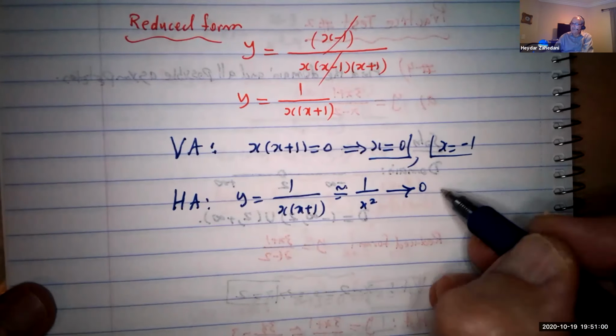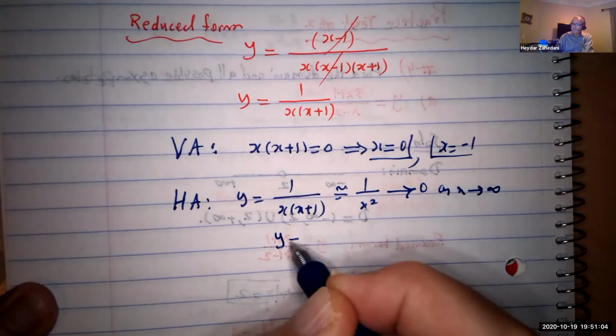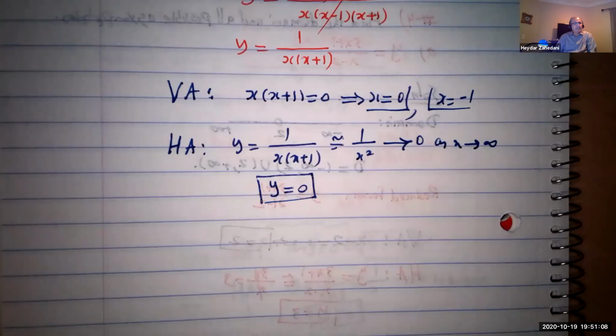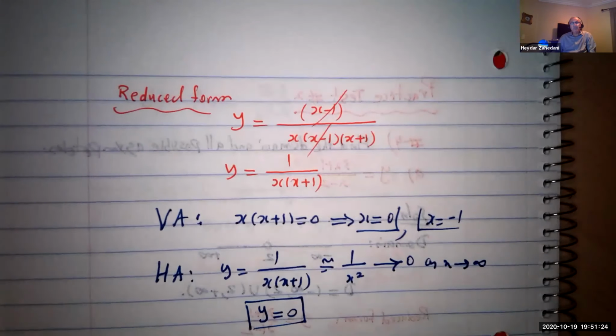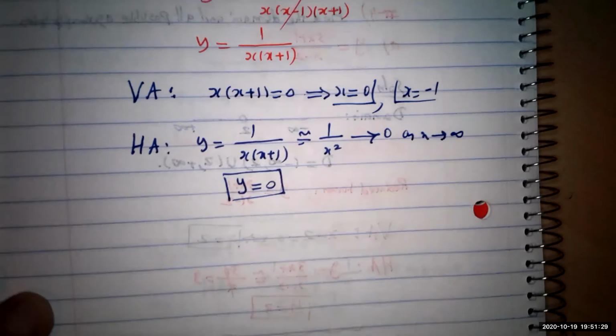You can say 0, we accept that, but if you want to prove it, this is going to be the case. When the degree of the bottom is higher, y equal to 0 is your horizontal asymptote, and we accept it right away without any question. Okay, any question? So be careful about this one, especially the reduced one. There is a common factor, don't miss it. You have to reduce.